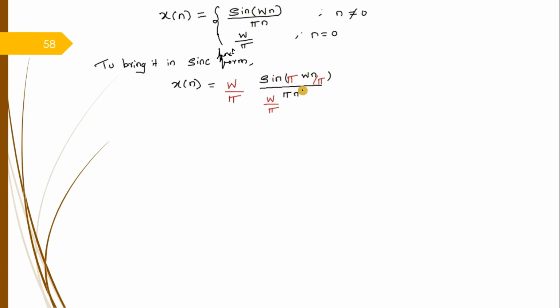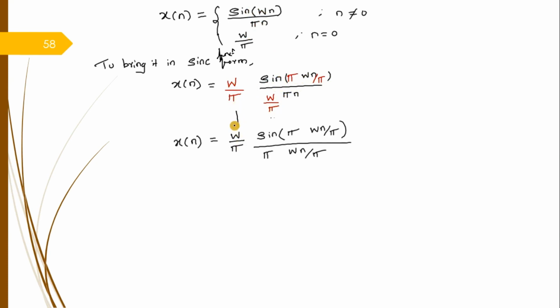Now here I introduce the quantity w by pi, the pi and pi both cancel, so the original signal is written as it is. Now you just see what arrangements I make here. W by pi as it is I have written here. Now this pi I write, and this is u, like sinc is nothing but sine pi u divided by pi u. So I write pi and rest everything separately.